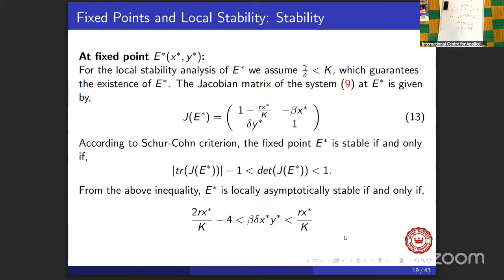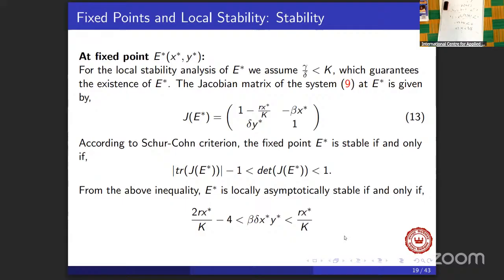From the above inequality, putting in this value, we get the following inequality: 2r x star by K minus 4 less than this value, then this system is stable. In the continuous model system, you can also get the same result, but there x star is less than K, then the system will be stable. Otherwise, it is unstable.